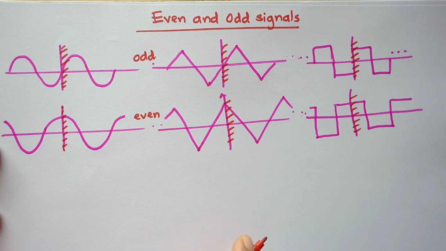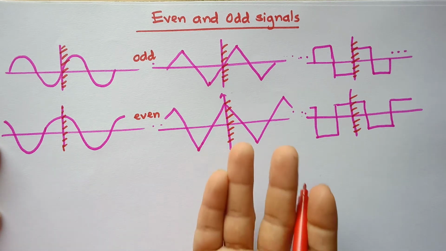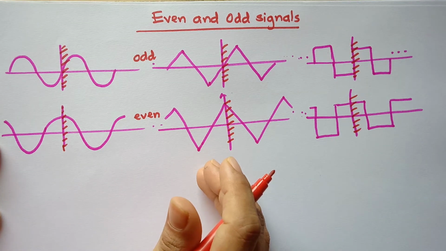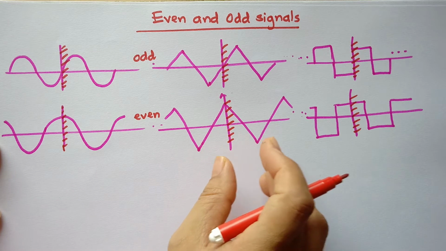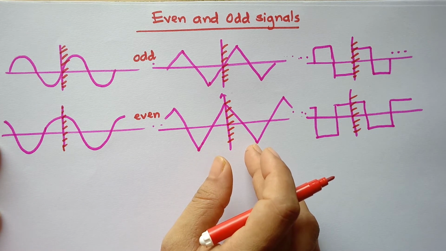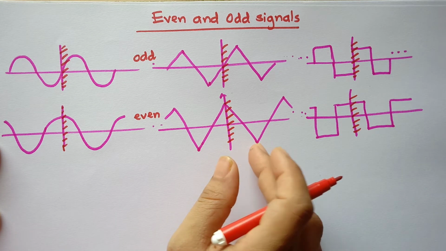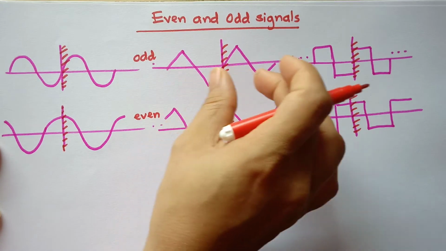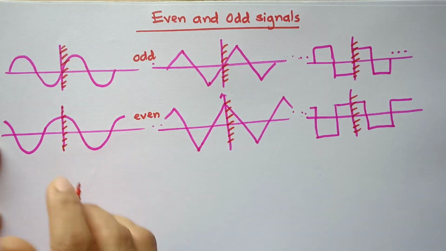Okay, so if we fold the signal with respect to the y-axis and the folded signal is similar to the original signal, then the signal is called an even signal. And if it is the exact minus of that signal, then it is called an odd signal.